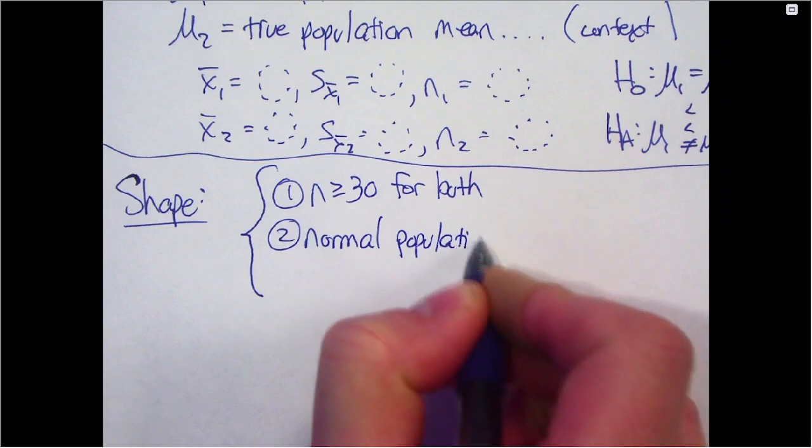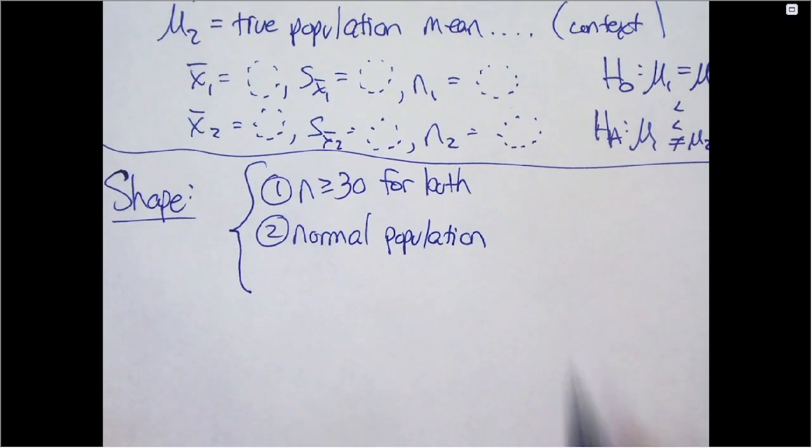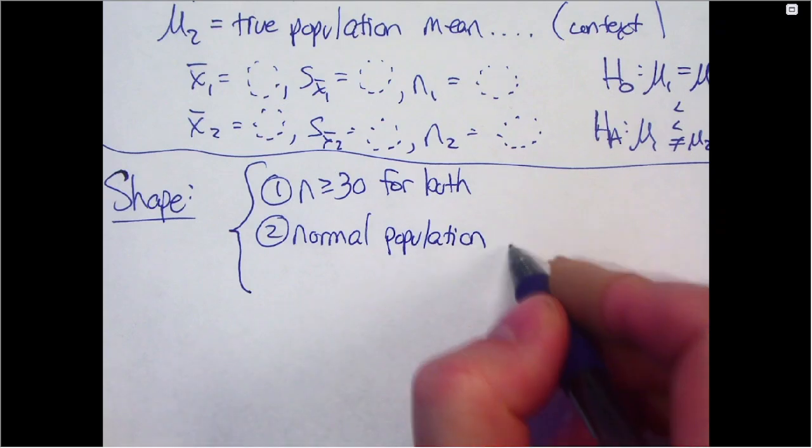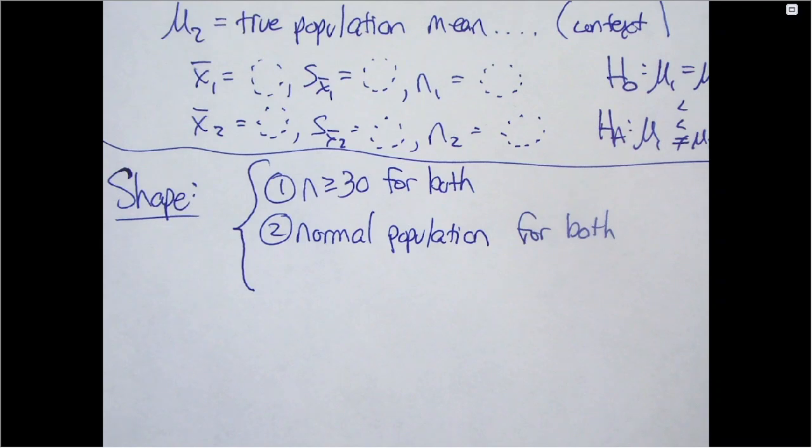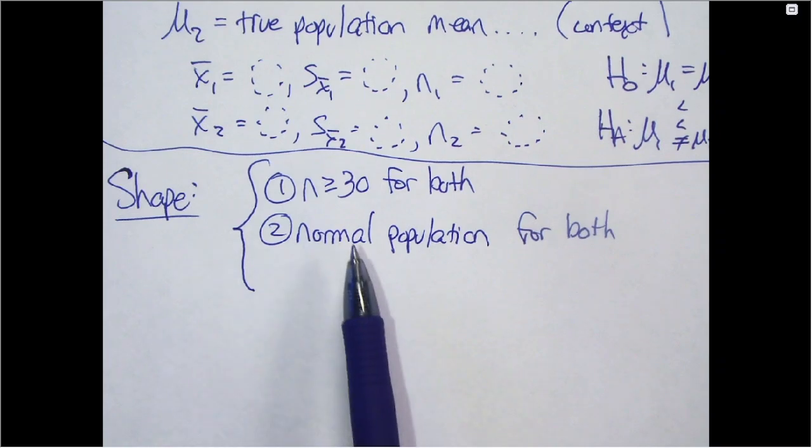Not your sample, but the big picture population. If we know that's normal, we don't need at least 30. So that'd be for both. Even if you have a sample size of like 7, if it tells you the population's normal, you're good to go.